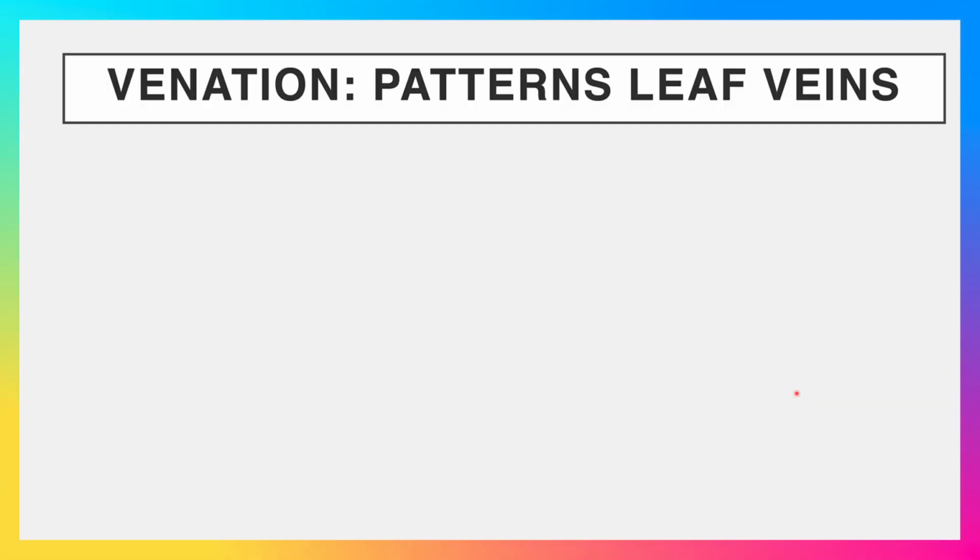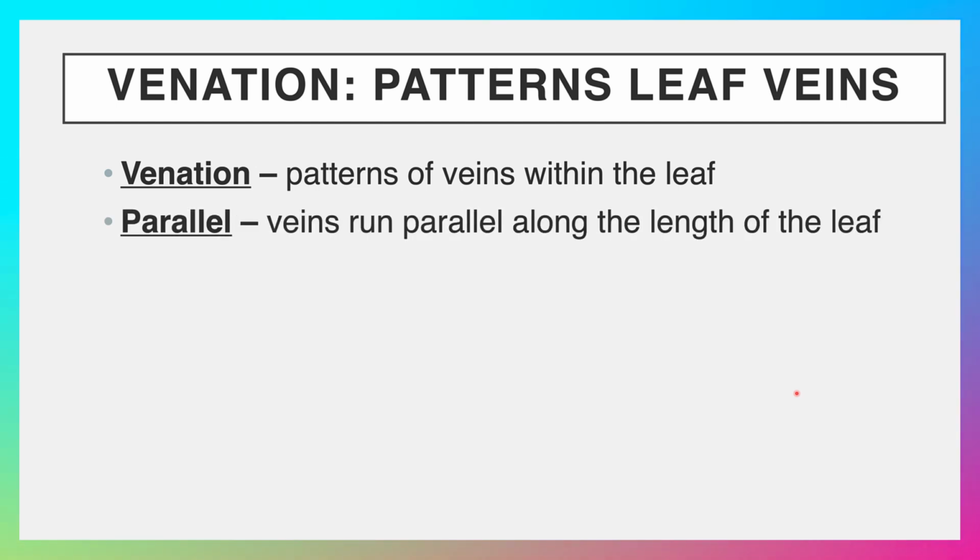Now, veins in leaves are different depending on the different types of plants. And so the pattern of veins in leaves is called venation. So there are various patterns. One is a parallel pattern. A parallel pattern of veins is when they run parallel to each other along the length of the leaf.